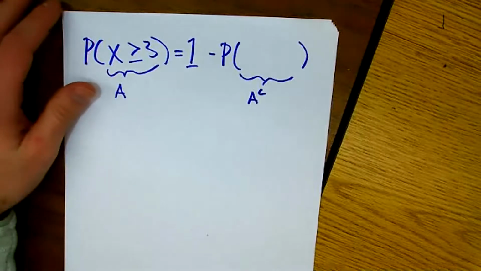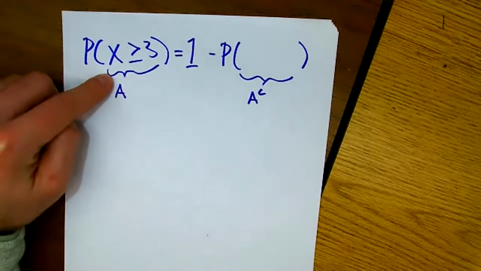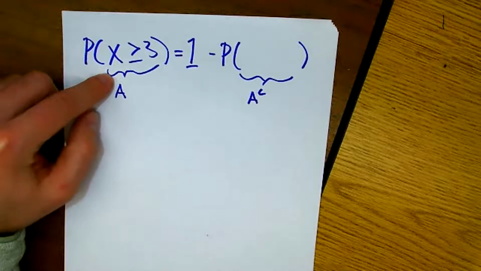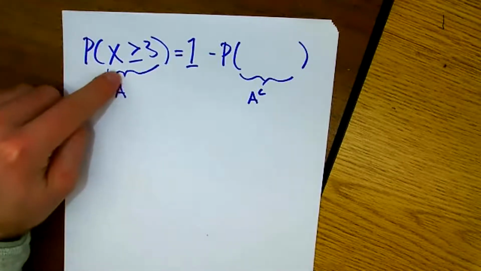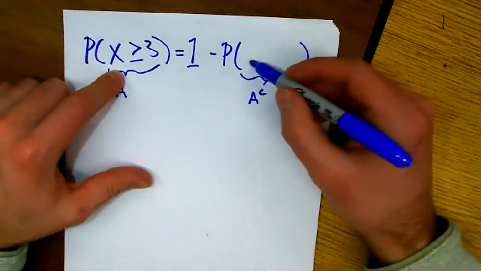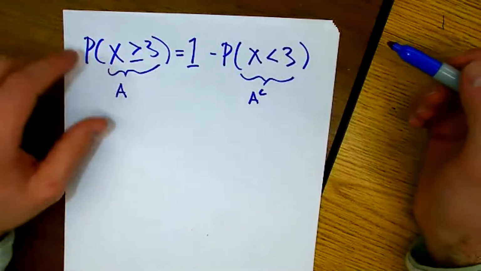We're using that complement rule. So if the event A is that I see greater than or equal to 3 out of the 5 people have a degree, what would a complement be? Well, just every outcome that's not in this event, so it would just be that x is less than 3.